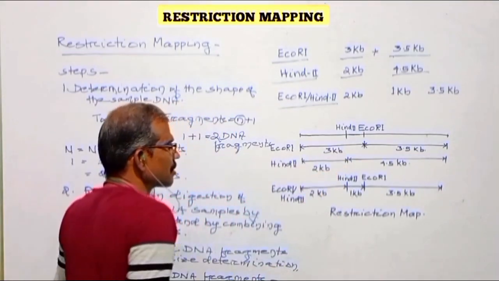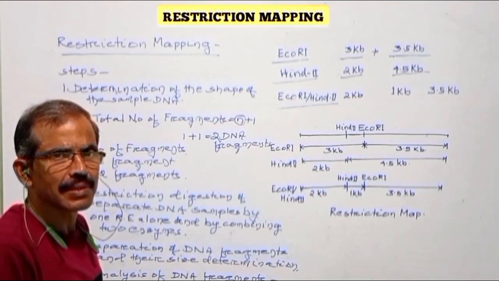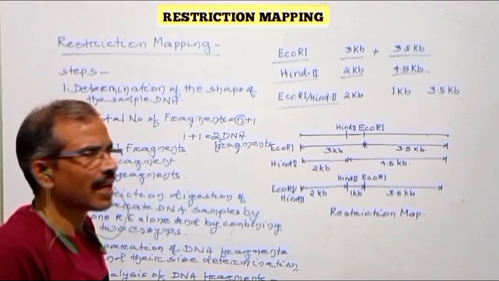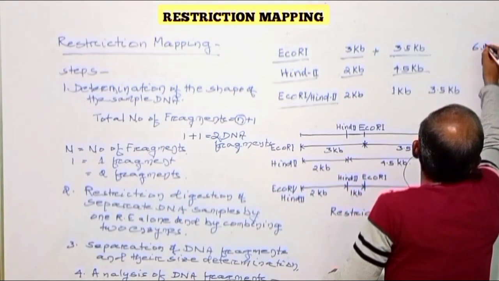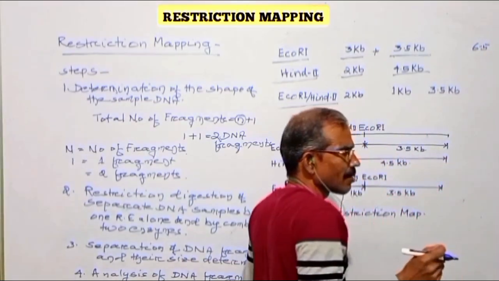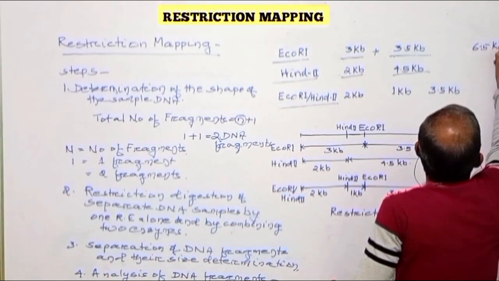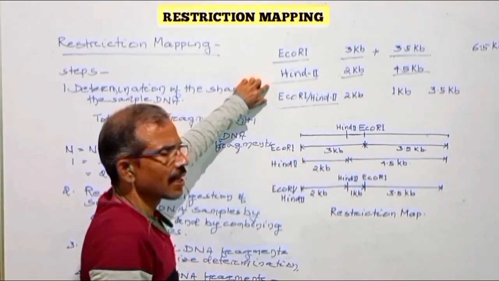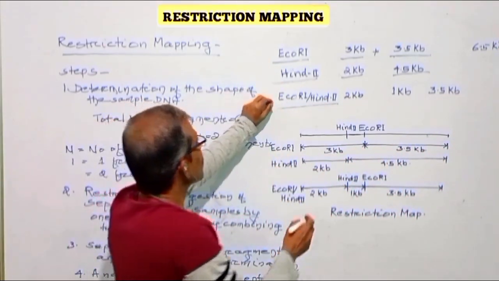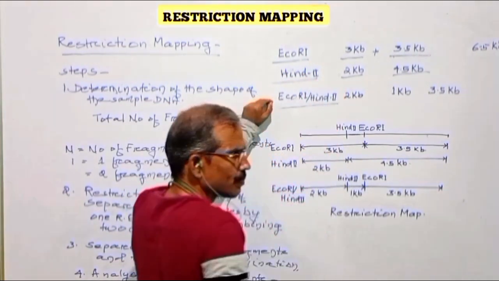Here is one example. We have been given a DNA sample whose length is 6.5 kb. In this example, we have taken two different restriction enzymes, EcoR1 and HinII.